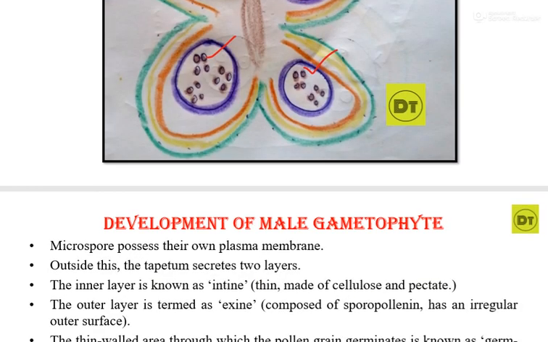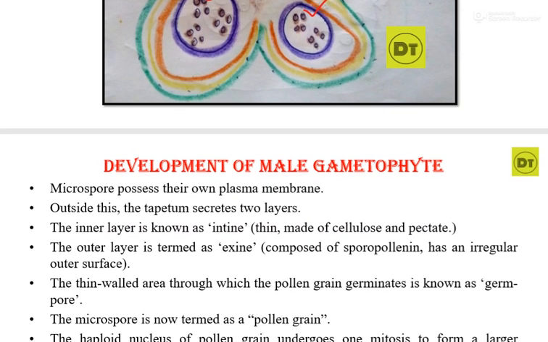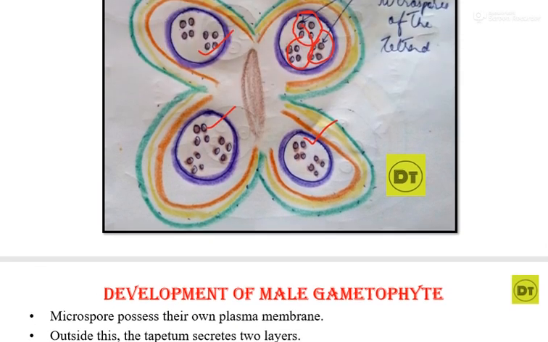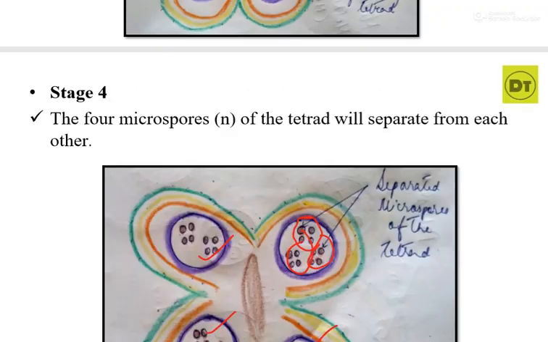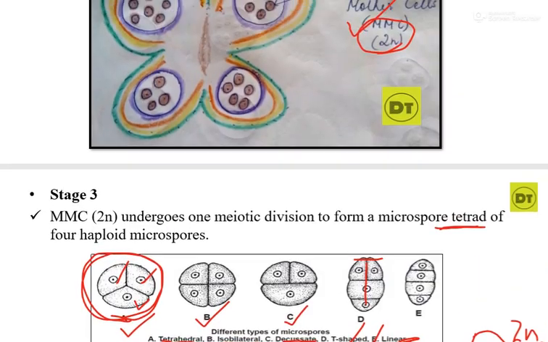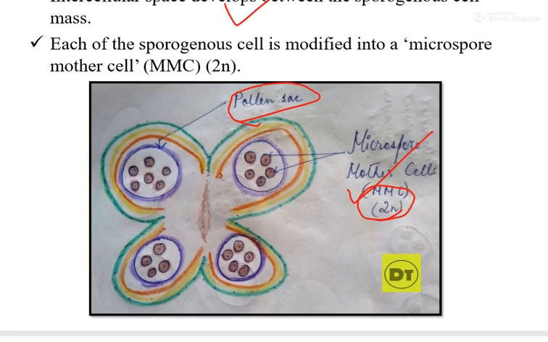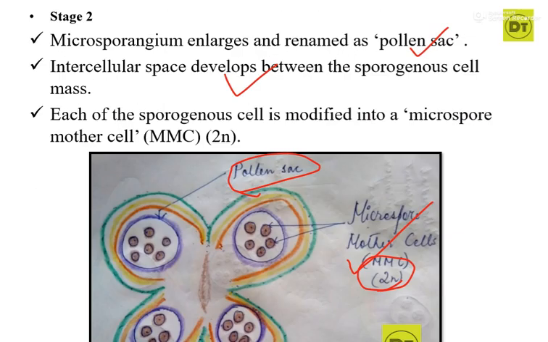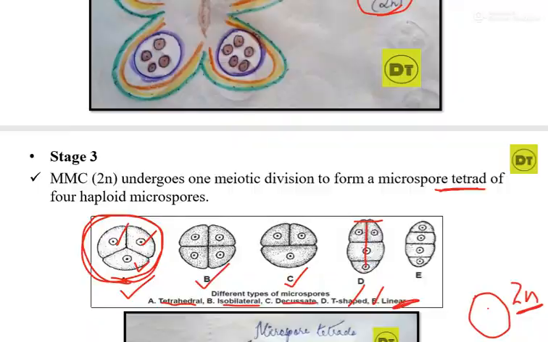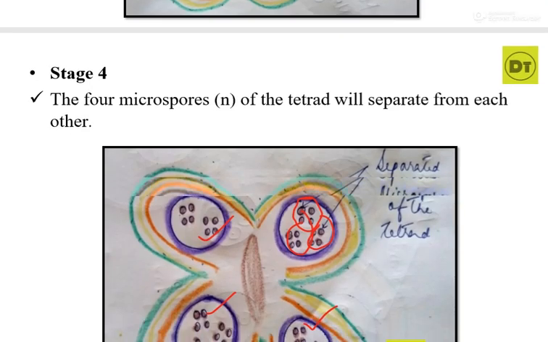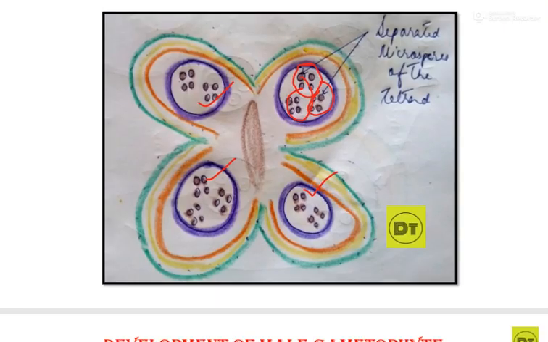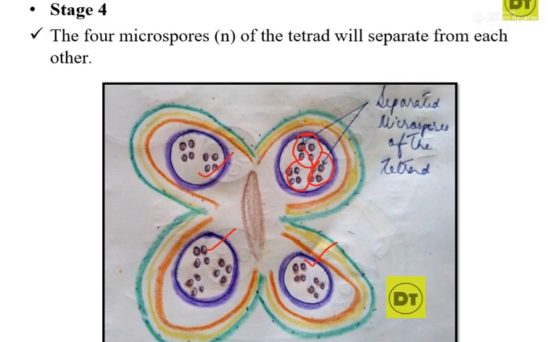Now let's move on to the other part, that is development of the male gametophyte. But before that, I hope the concept of microsporogenesis is clear, and now we can move on to the definition for your clear understanding. What happened till the last stage? We have got the formation of haploid microspores, from which structure? From the microspore mother cell, which was 2n. Where was it formed?